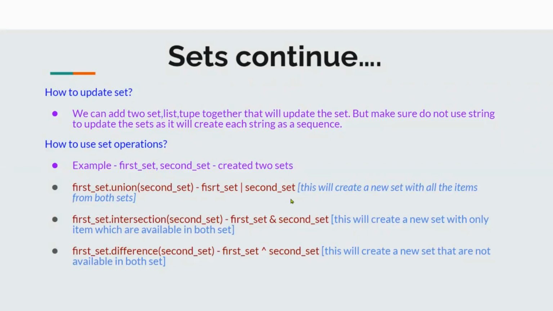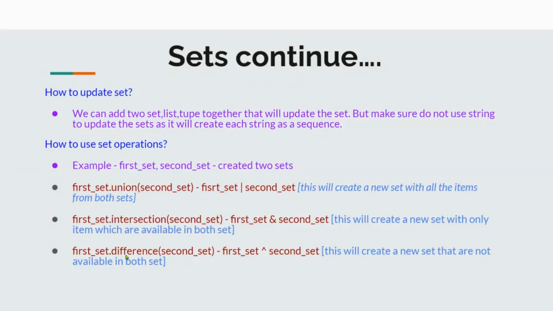And how do you do an intersection? This operator: first_set and second_set, and this will give a new set with only the items which are available in both sets. Let's say Apple is available in the first set and Apple is available in the second set, then this item will be captured and put in the new set.